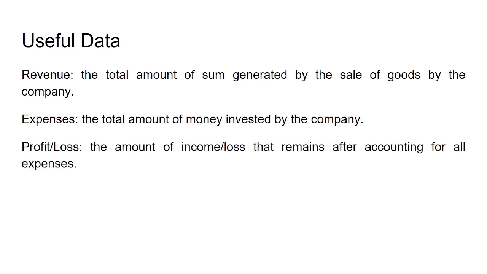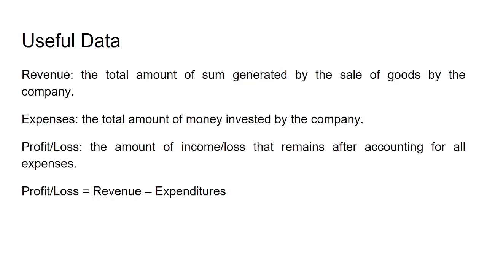Profit or loss: the amount of income or loss respectively that remains after accounting of all expenses. Profit or loss equals revenue minus expenditure. These are a few basic points which are very helpful to solve such data interpretation questions.